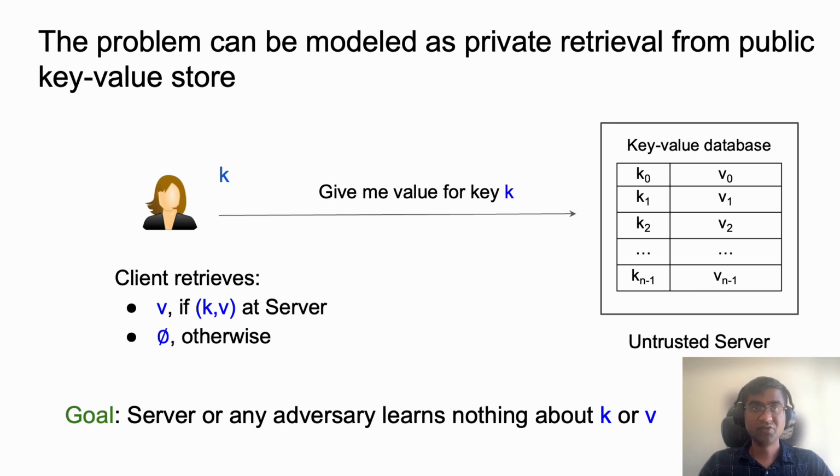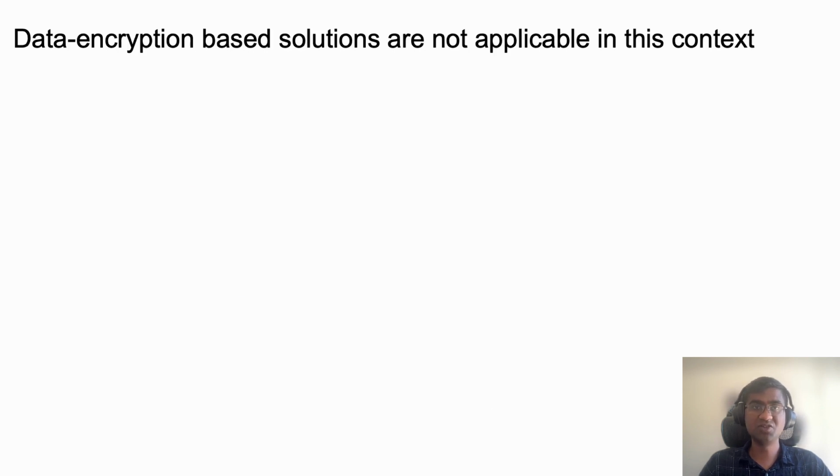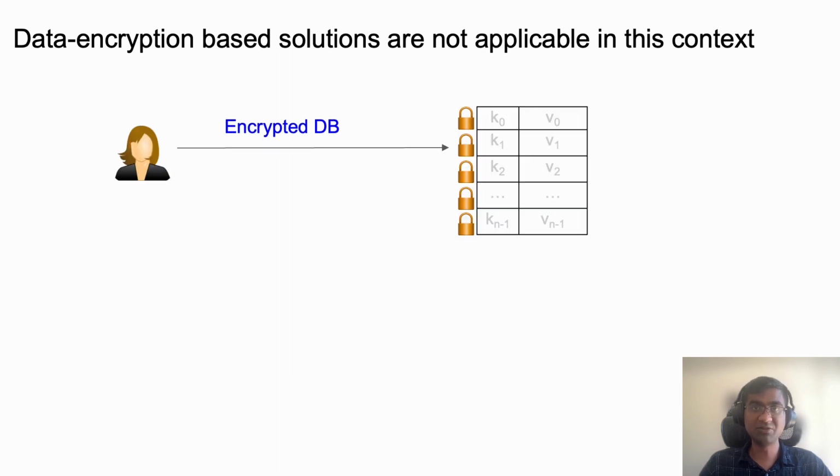There has been a lot of research to address privacy in the database area. Most of this research involves encrypting the data. However, these data encryption-based solutions are not applicable to the problem we are trying to solve. For example, there is a large body of work on encrypted databases where a client encrypts their data and outsources it to the cloud.